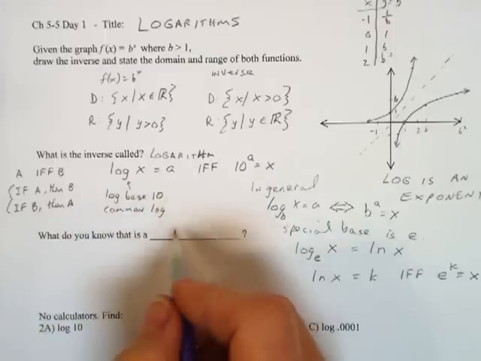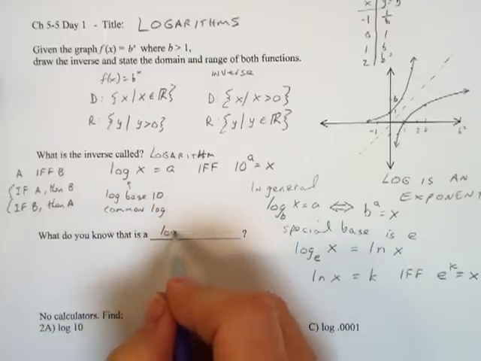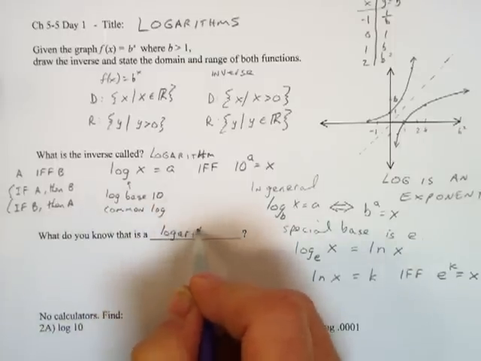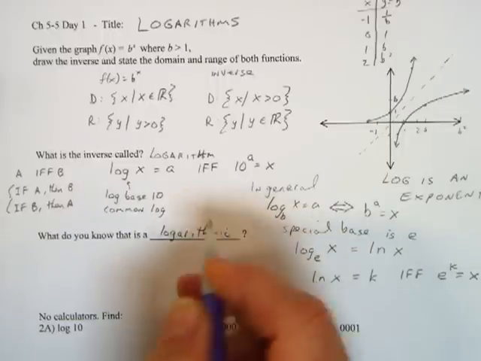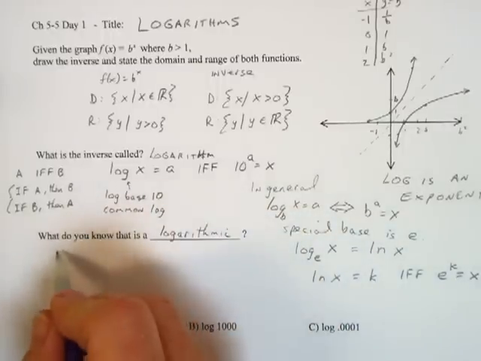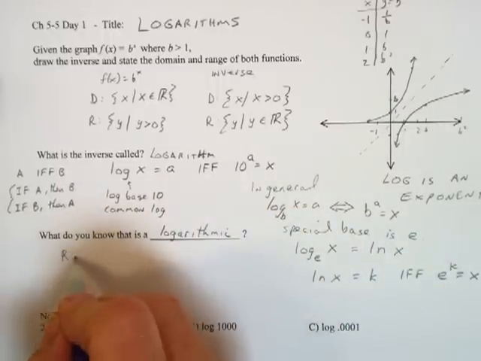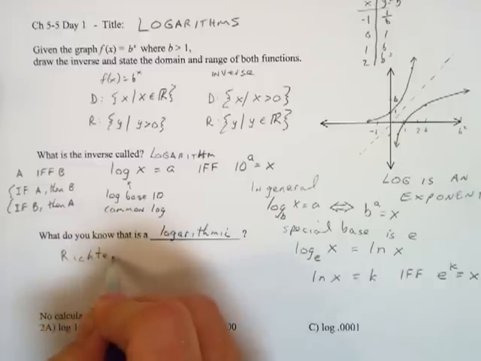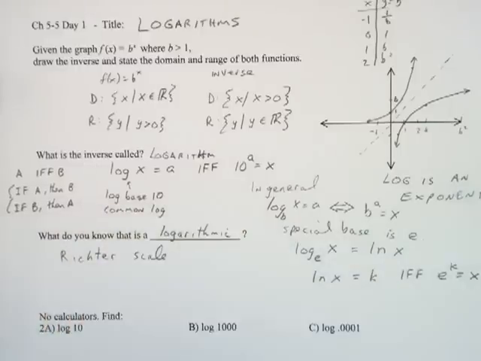What do you know that is logarithmic? Well, one thing we should all know in California is the Richter scale. When we say there's an earthquake of magnitude 6 or magnitude 7, we always hear that a magnitude 7 is 10 times stronger than a magnitude 6.